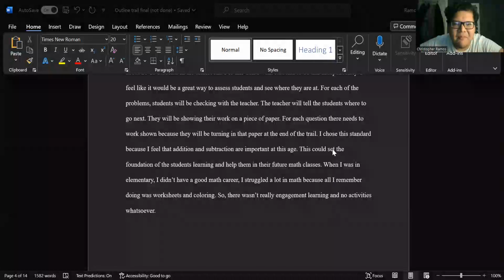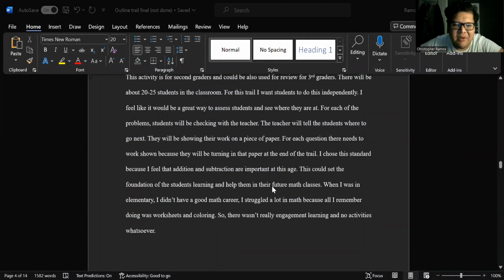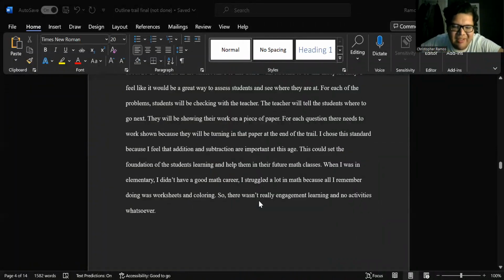I mean, the coloring was fun, but that's all I remember, the fun that I had. So I struggled a lot in math in elementary. They weren't really engaging. It was really boring. And so I think that's what kind of ruined the purpose of math for me. I wasn't good at subtraction or addition, and I'll be honest, I still struggle with it, but we're working on that.